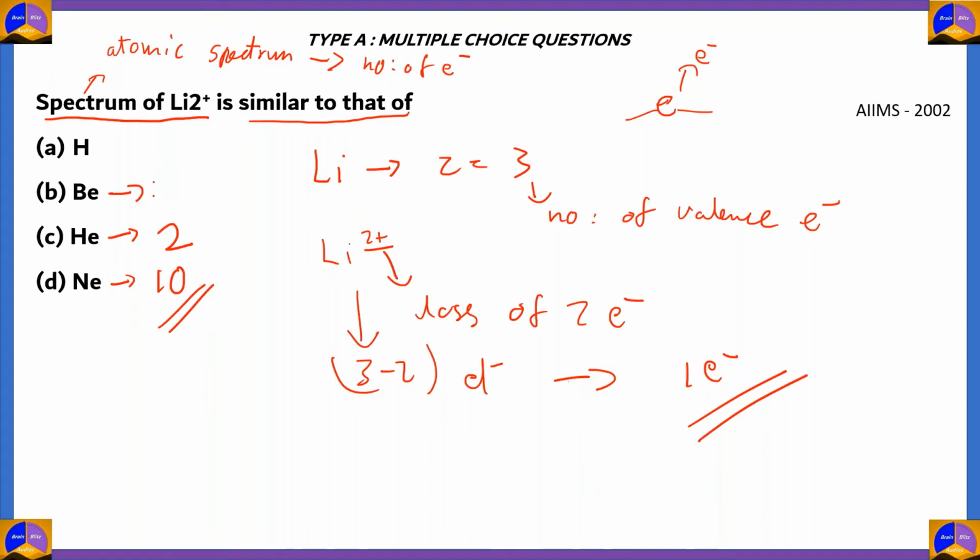Beryllium has 4 valence electrons. And hydrogen, the first element in the periodic table, will have 1 valence electron. So the spectrum of Li2+ will be similar to that of the element having only 1 electron in its valence shell, which is hydrogen. So option A is the right option.